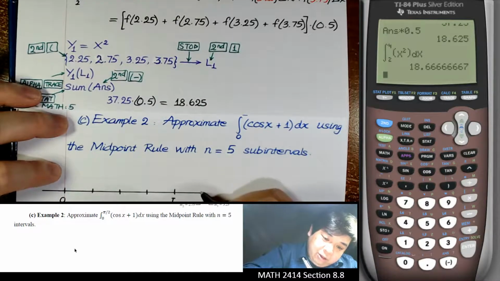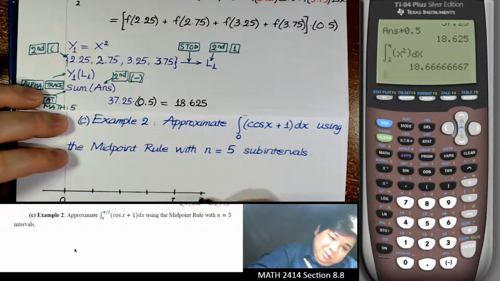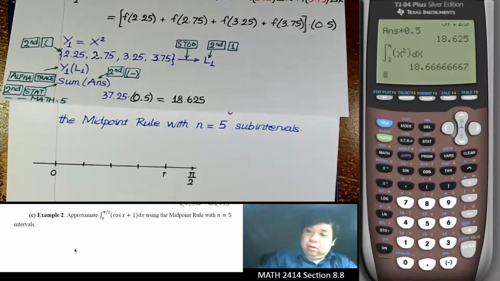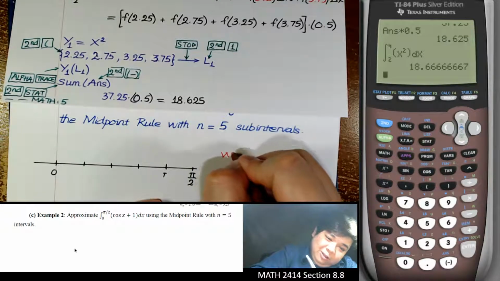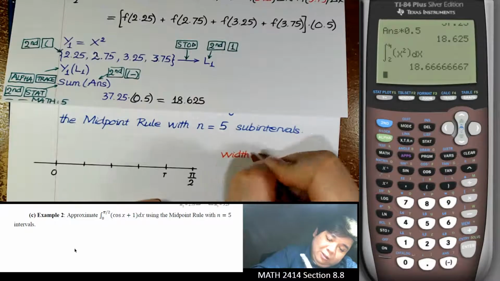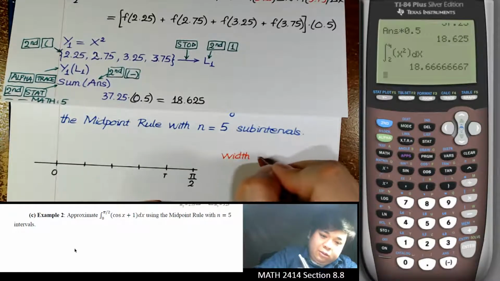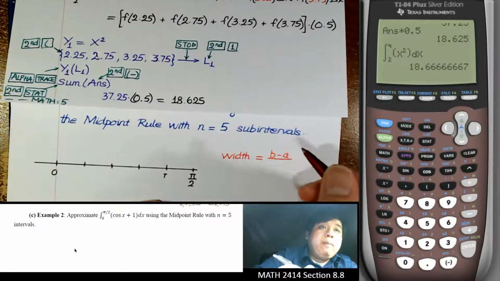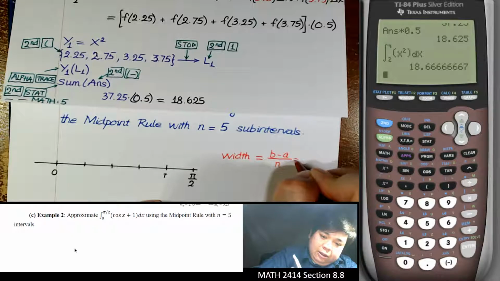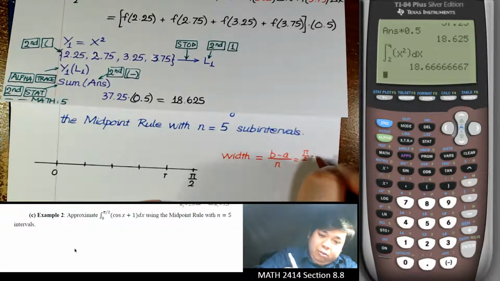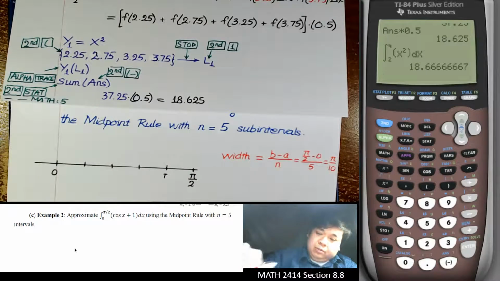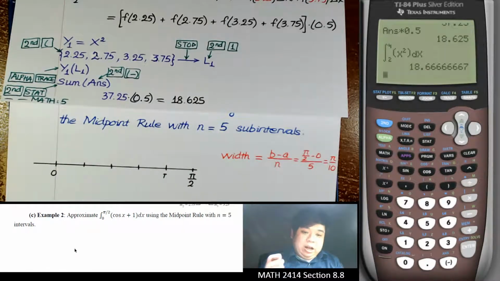Right, first let's calculate the width. B minus A over N, pi over 2 minus 0 divided by 5. So that gives us pi over 10. So the increment is pi over 10.